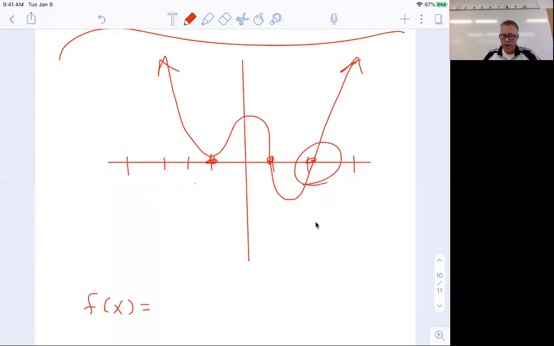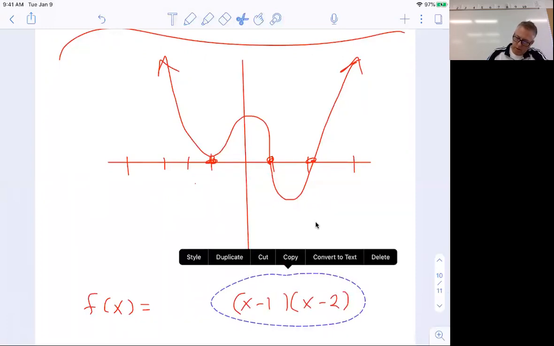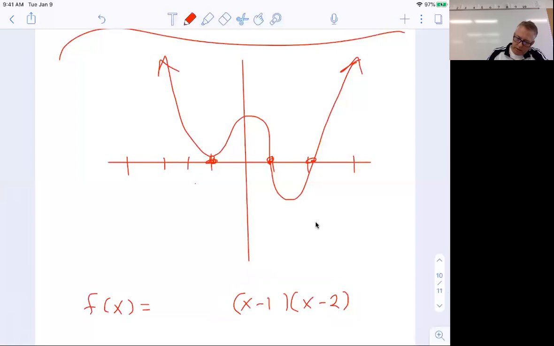Because I have a root at 2, I know that x minus 2 is a factor. And because I have a root at 1, I know that x minus 1 is a factor. And I have a root at -1, so I know that x plus 1 is a factor.